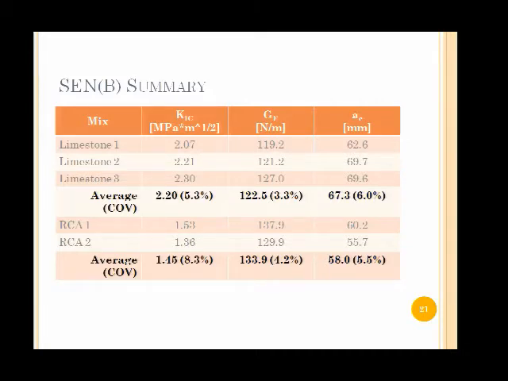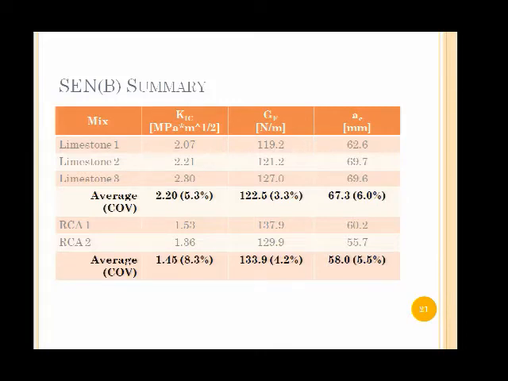So these are actual test runs. The average K1C value for these beams, which were tested at around 600 days, so this is really old concrete, was 2.2. To give you an idea of just where this is in the range of materials, silicon carbide is around 3, if any of you know what that is.